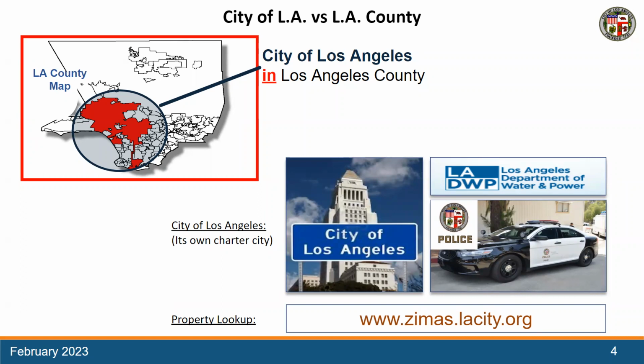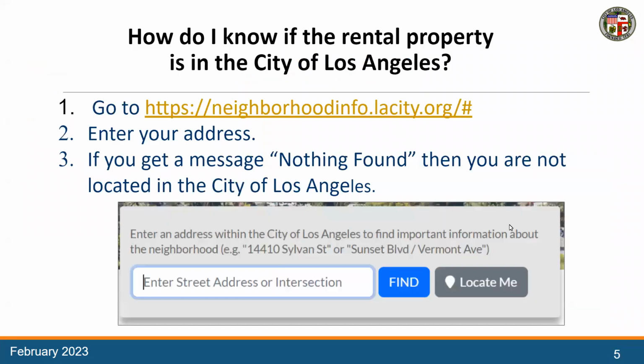Another flag could be police services. If you call your local department and the response is by the Los Angeles Police Department, then you are located in the City of Los Angeles versus, for example, the Sheriff's Department, which could be an unincorporated area.